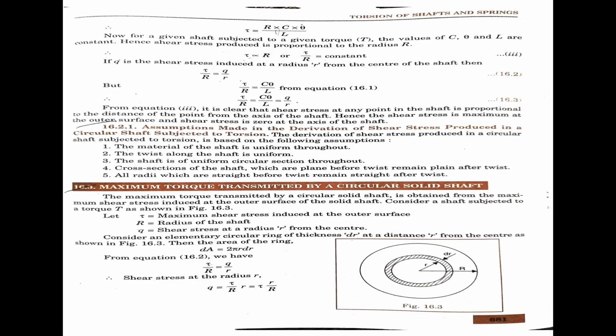The shear stress q at radius small r is q equal to tau by capital R into small r, that equals tau into small r by capital R. That is the shear stress q at the radius of small r.